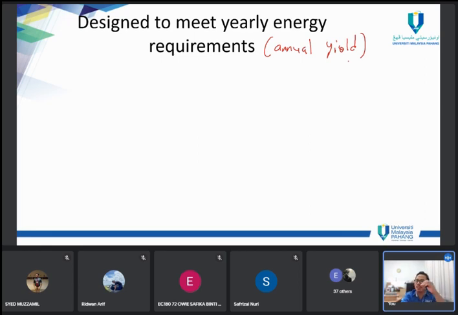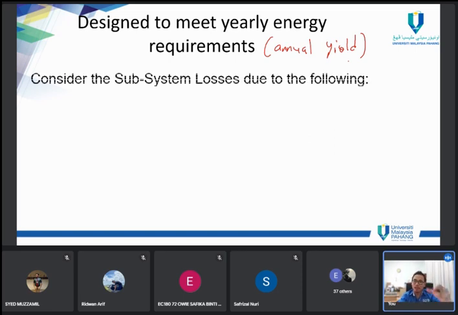So this is, in terms of calculation, the most complicated. I can say not that complicated, but it's longer. The solution is longer than the first and the second criteria. In order to design for the yearly energy, there's a lot of things that need to be considered. We need to consider the subsystem losses due to the following.